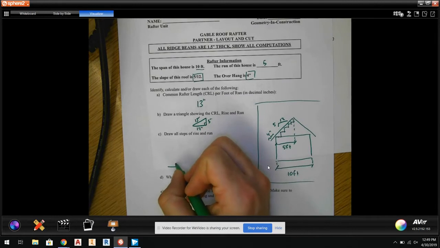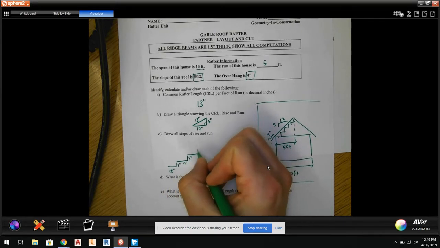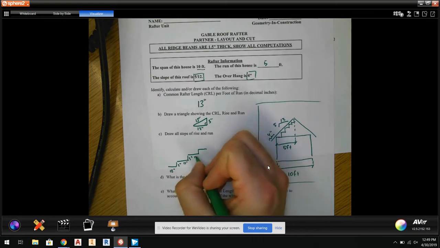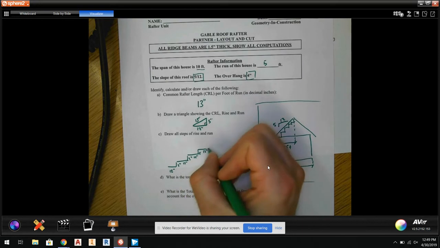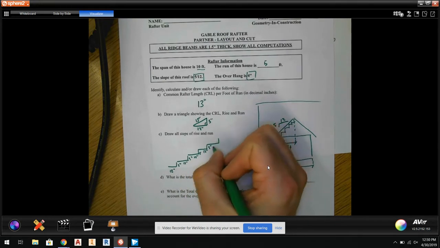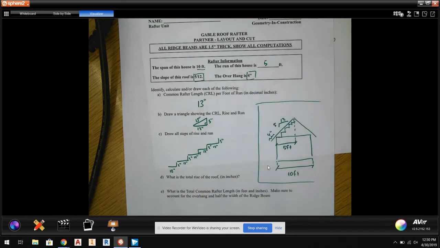It's 12 inches over, 5 inches up, over 12, up 5, over 12, up 5, over 12, up 5. So that's drawing all the steps of the rise and run.